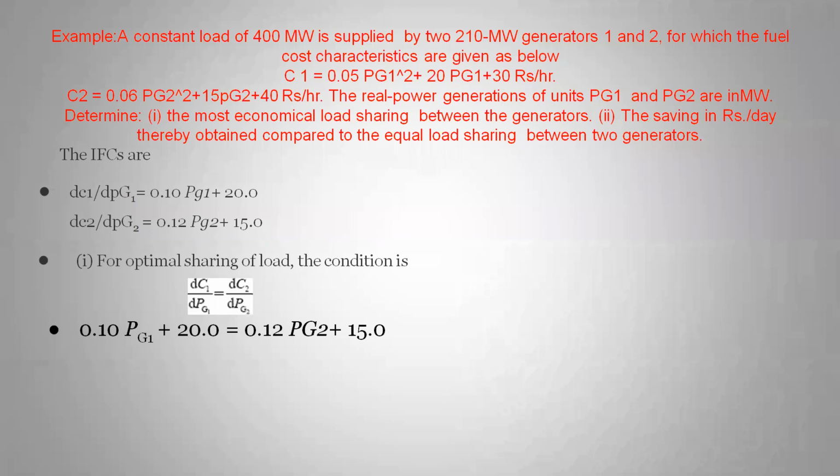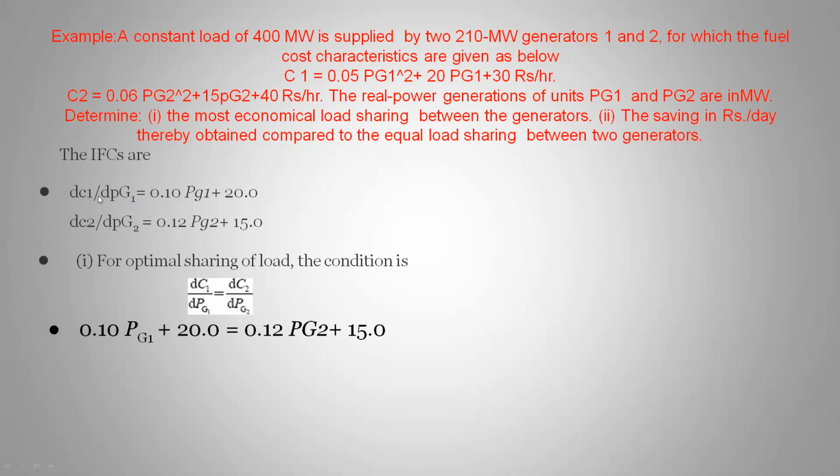For that we have the formula we just determined, the coordination equation. What is the coordination equation? dC1/dPg1 is equal to dC2/dPg2 is equal to dC3/dPg3, with as many equalities as there are units. Here only two generators, 1 and 2, are given.